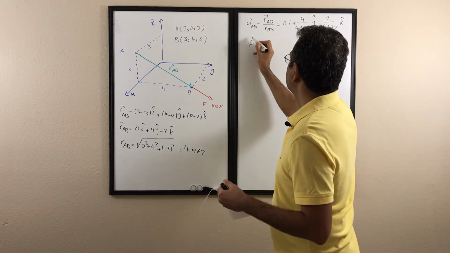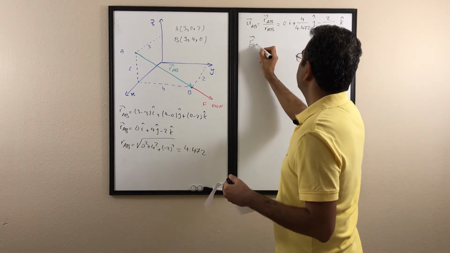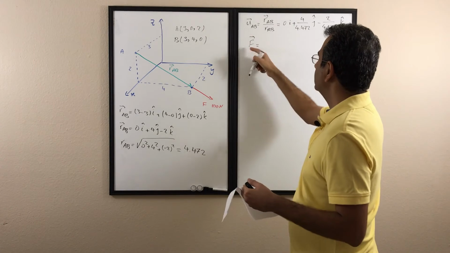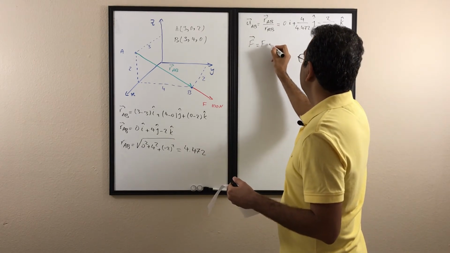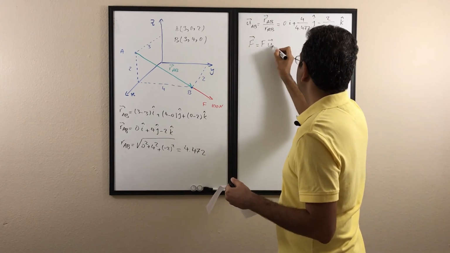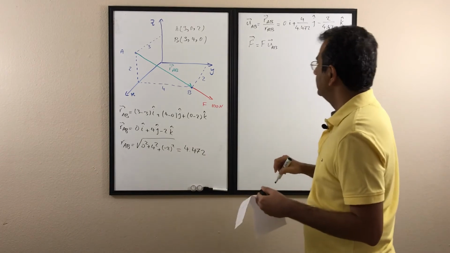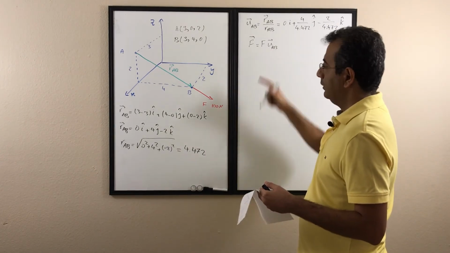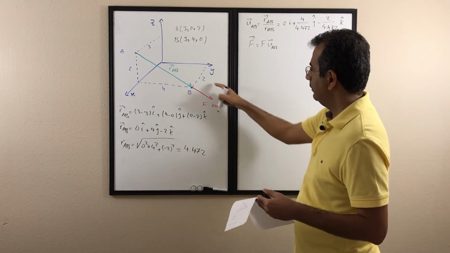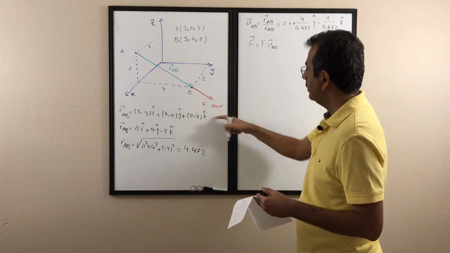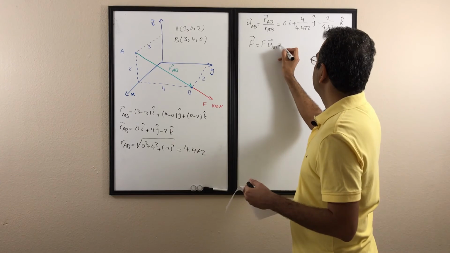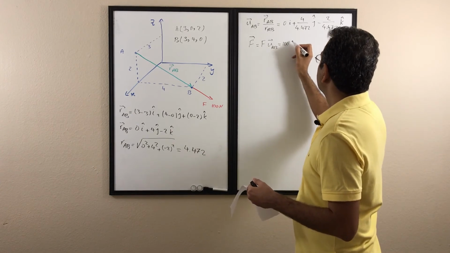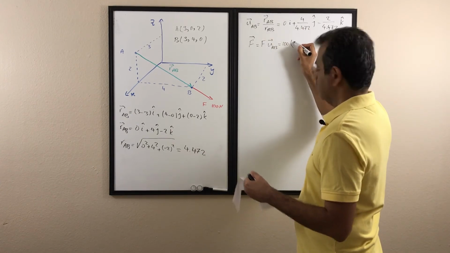And when we want to find the force, it is its magnitude times the unit vector AB. So we want to do the calculation. The force itself, we know, is 100 Newton. So it's going to be 100 Newton times that.